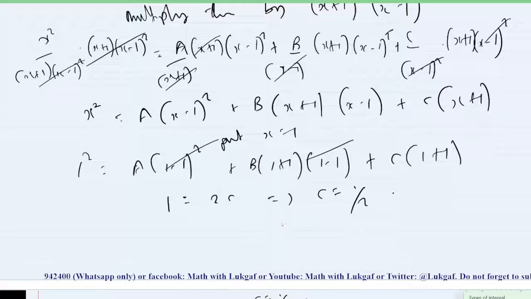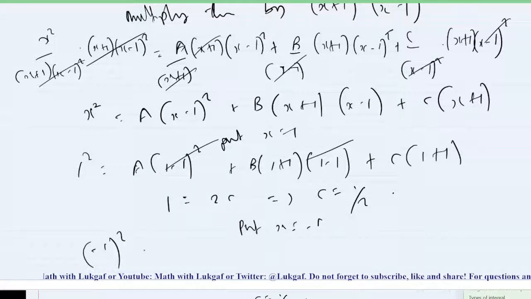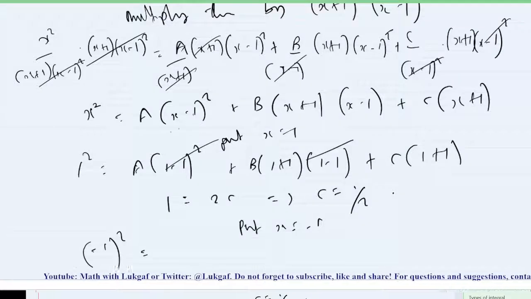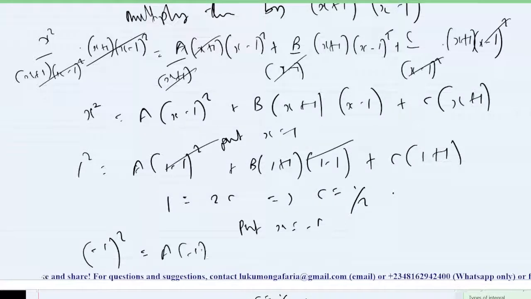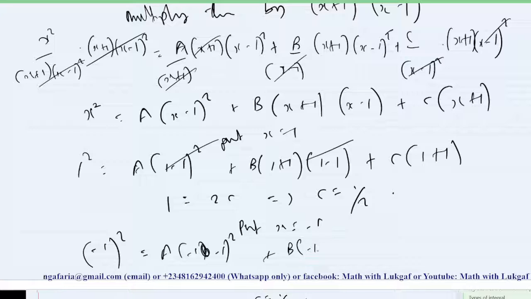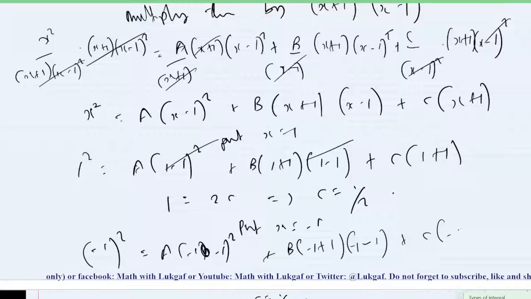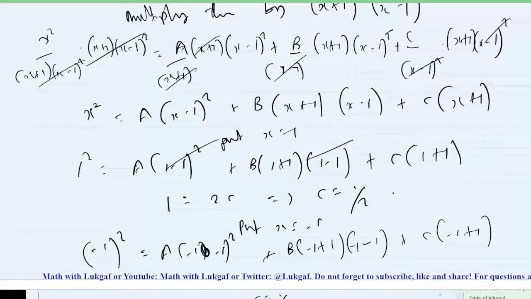Likewise, if I put s equal to minus 1, then that's going to be (minus 1) squared, equals A into (minus 1 minus 1) squared plus B into (minus 1 plus 1)(minus 1 minus 1) plus C into (minus 1 plus 1).